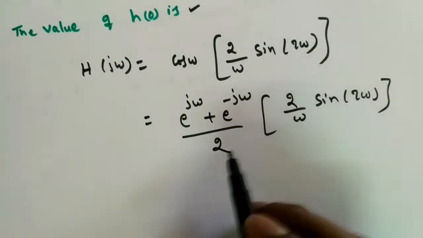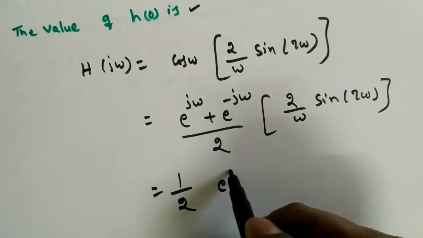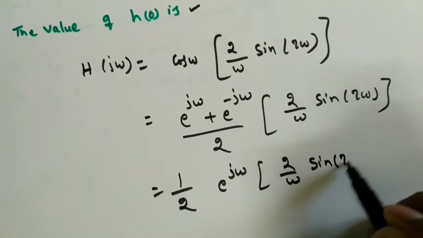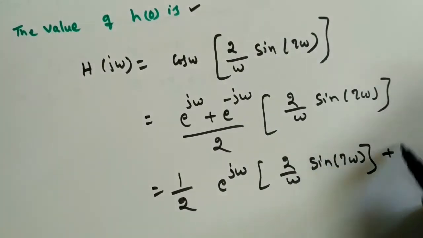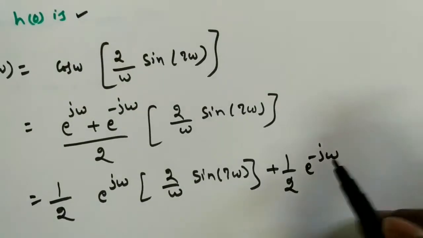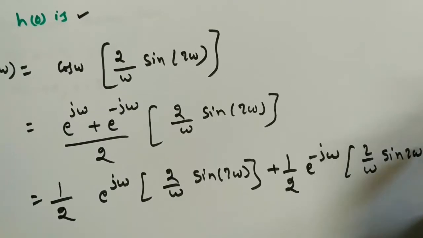If I multiply, what I will get: 1 by 2 e power j omega into 2 by omega sin 2 omega plus 1 by 2 e power minus j omega into 2 by omega sin 2 omega.